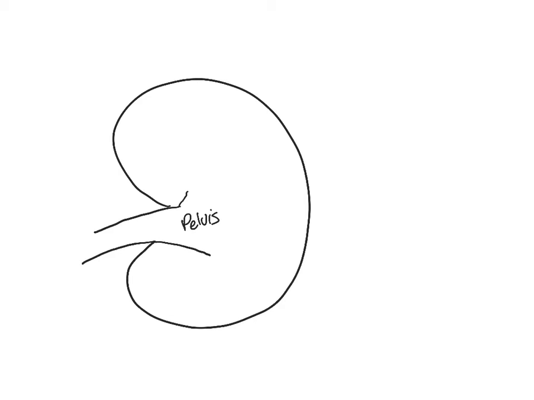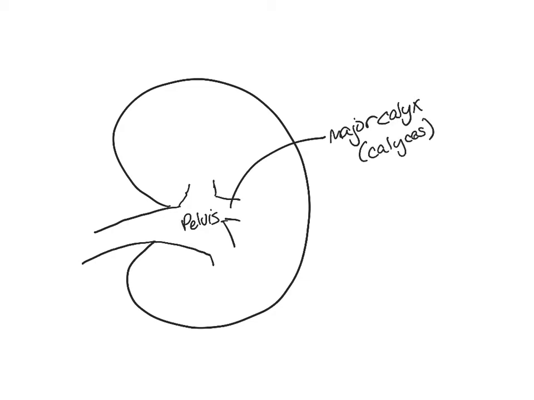And the pelvis is going to receive urine from these other areas that are called the major calyces. So that's a major calyx. Okay, and so plural it would be calyces.